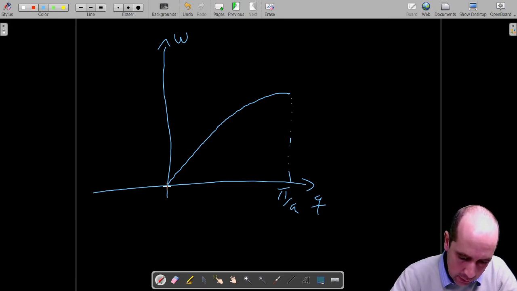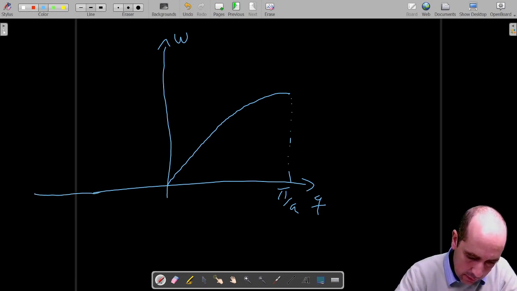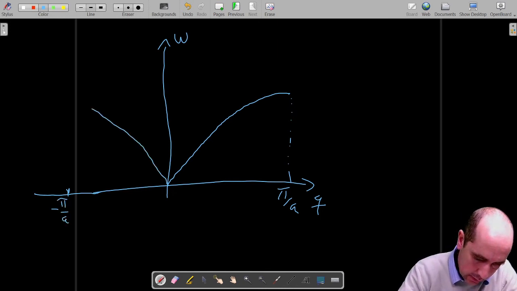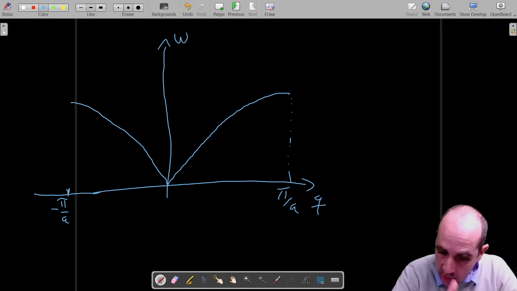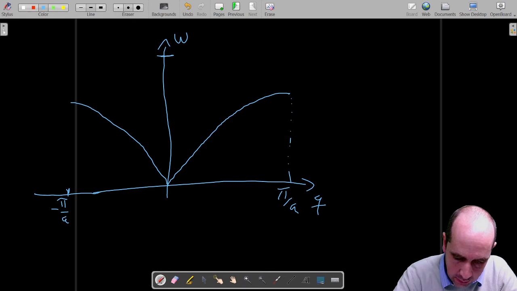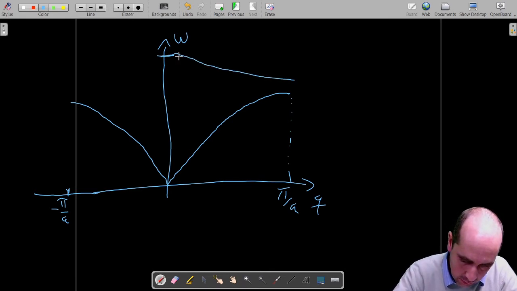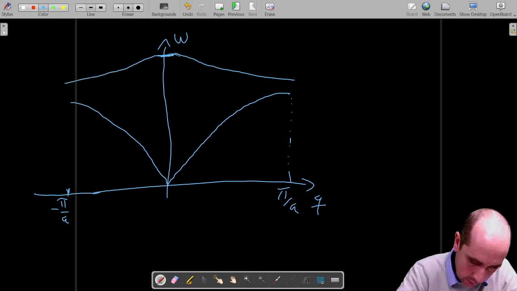And in the other direction we get something very similar, so we have minus pi over a here. And the other part that looked constant in the vicinity of 0 does something that looks a little bit like that. It's a curve, does something like that.